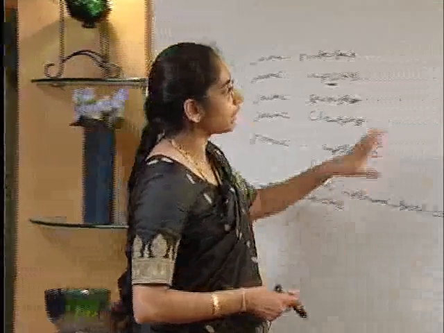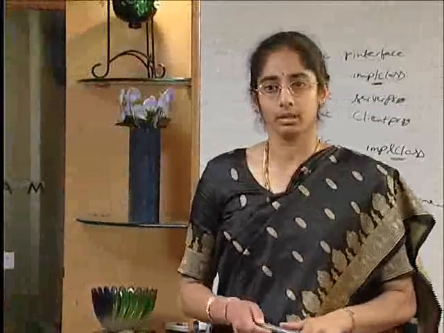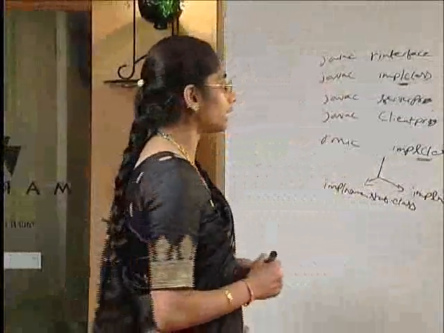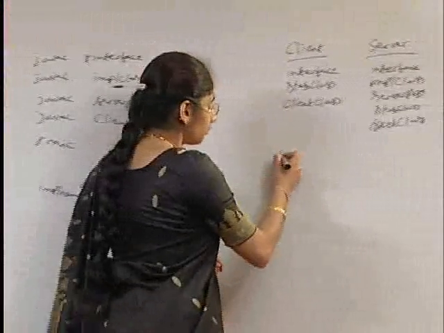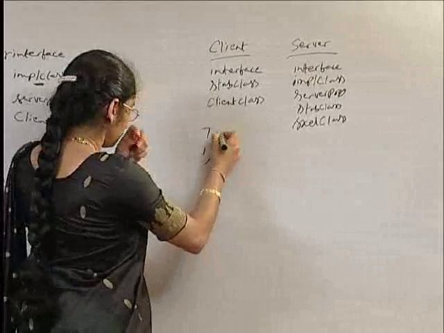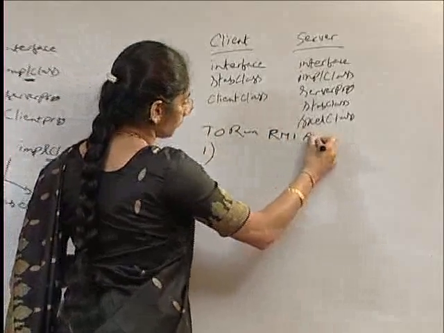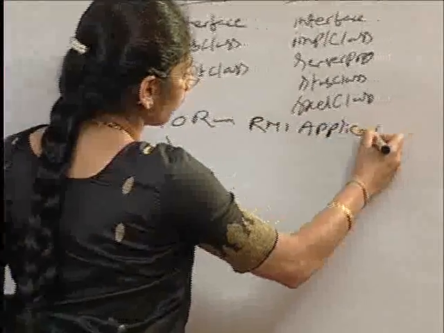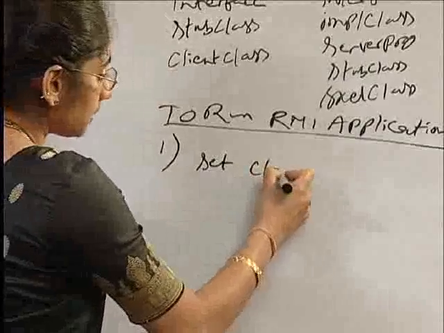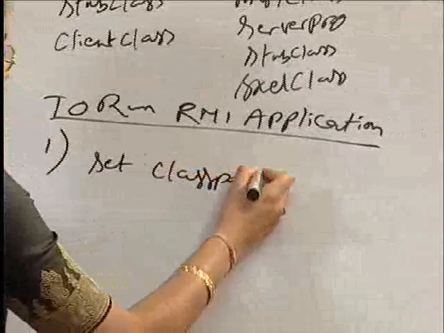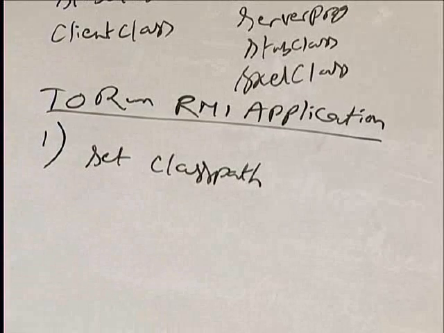Now once we have the class files in the appropriate place, you just have to run the program. To run the RMI application, the first thing you need to do is set the class path where the stub class can be found.